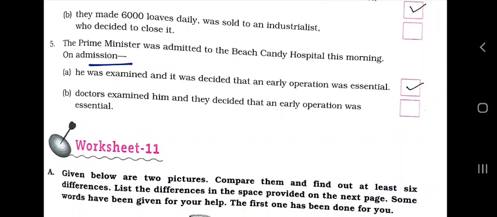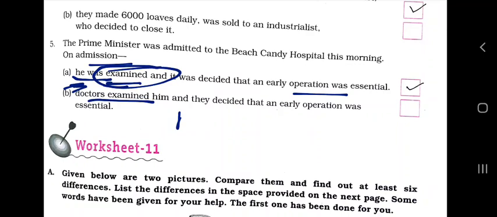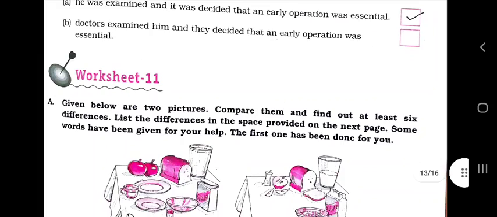On admission, he was examined and it was decided that an early operation was essential. Doctor examined. Now see here, he was examined. You may be thinking he is the subject, but what is important here? Who examined? The doctor examined, but the more important thing is that he was examined. So the doctor examined him and they decided that an early operation was essential. This is active voice, whereas we have to mark the passive voice.